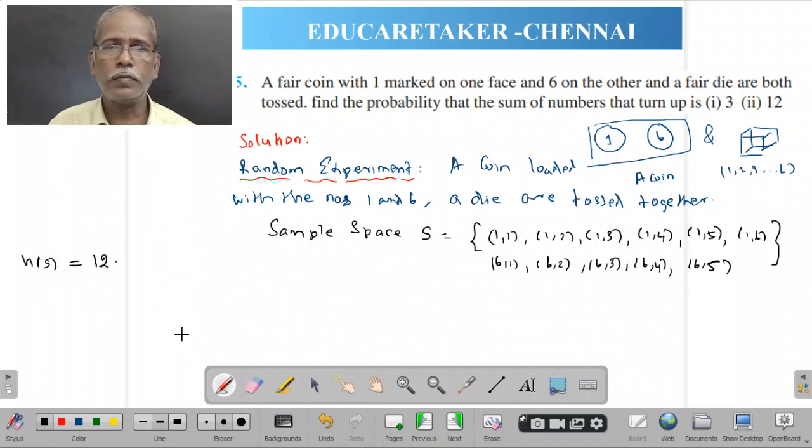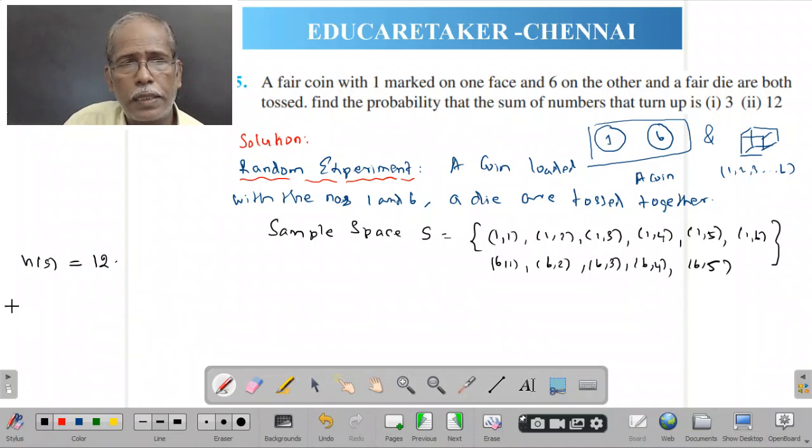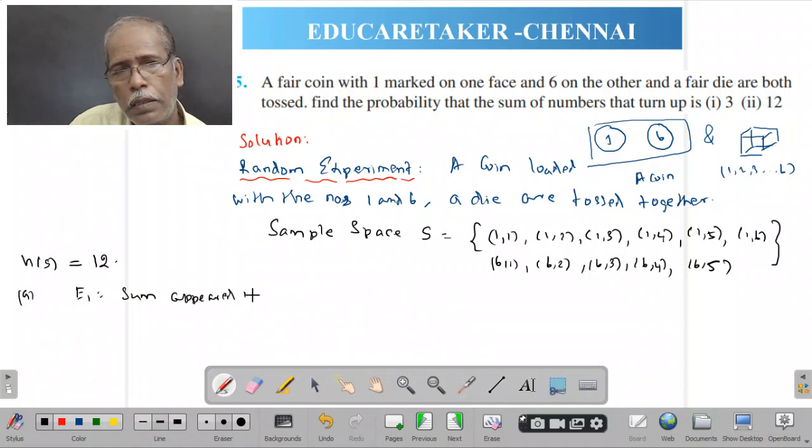Now there are two subdivisions given in the question. The first is that the sum appeared should be 3. Let us take E1 as the event that the sum turned up is exactly 3, not less than 3 or greater than 3.